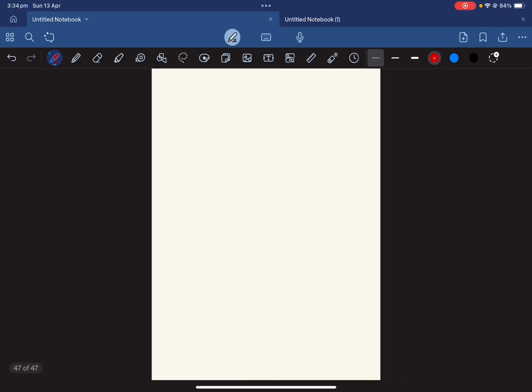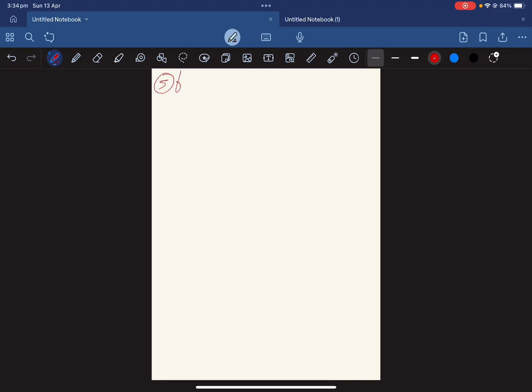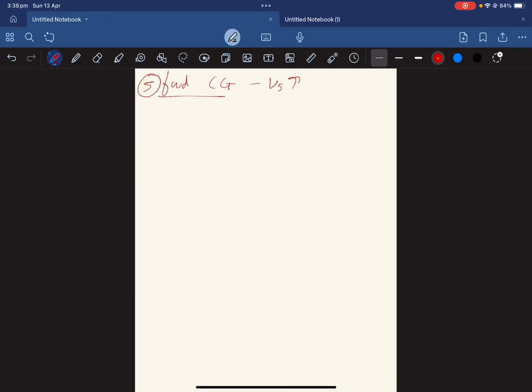The next is CG position. The fifth one is forward CG. With forward CG, your stall speed increases.